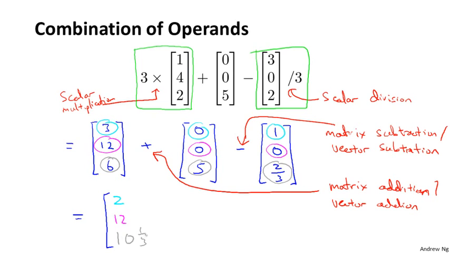And I'm going to close my square bracket. And so this gives me a 3 by 1 matrix, which is also just called a 3-dimensional vector, which is the outcome of this calculation. So that's how you add and subtract matrices and vectors and multiply them by scalars, or by real numbers.